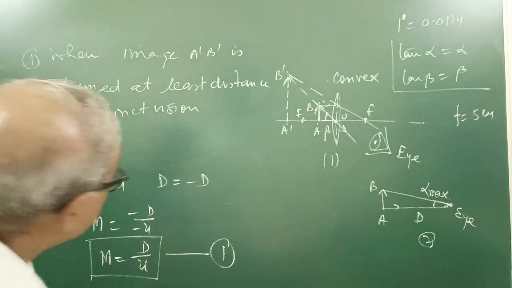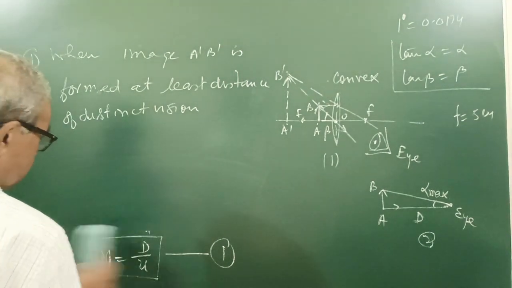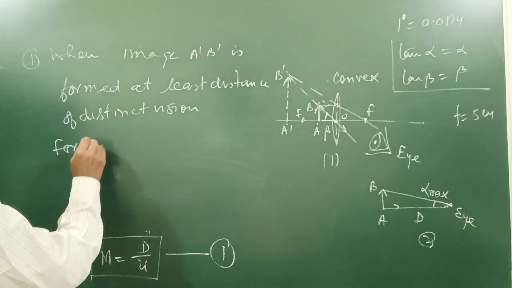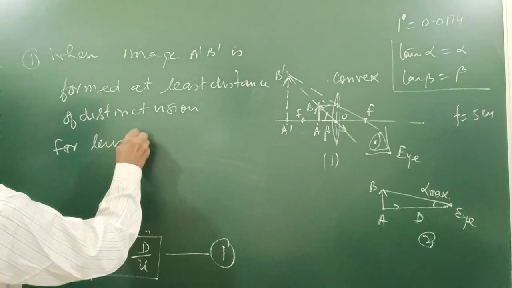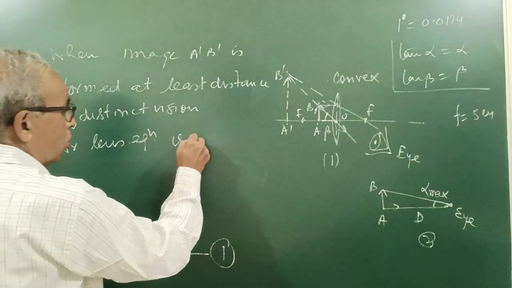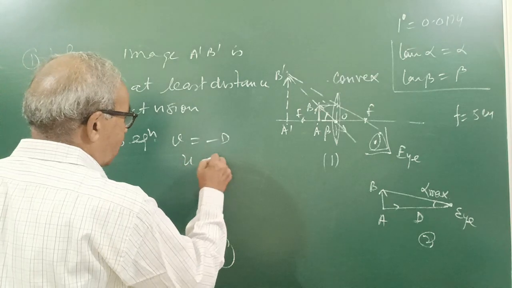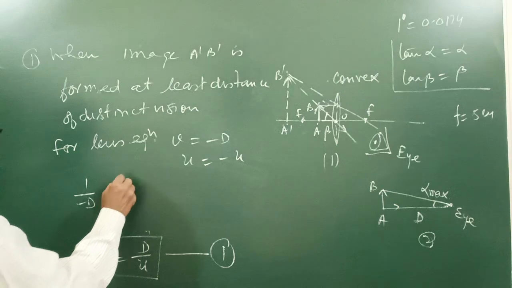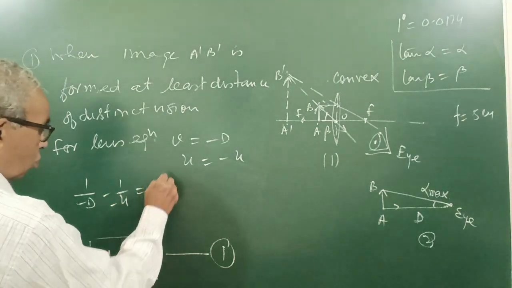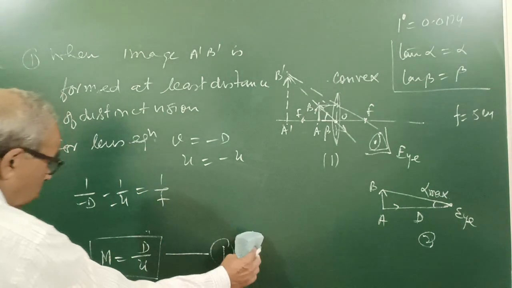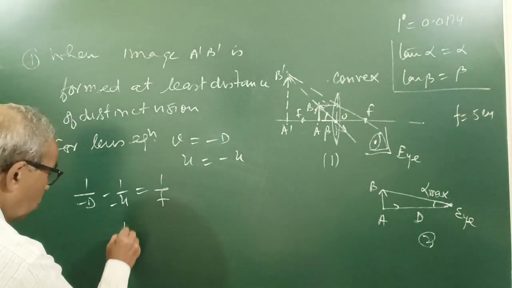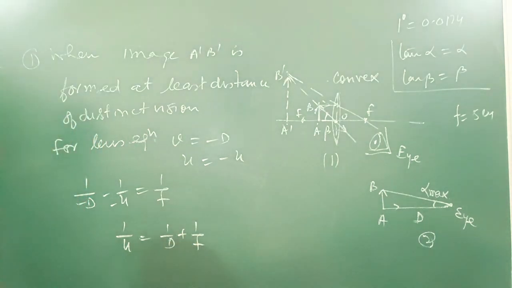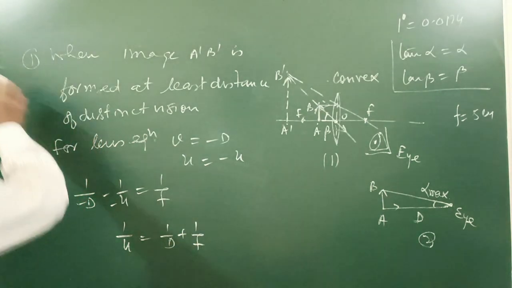Then remember the lens equation, 1 upon V minus 1 upon U equals 1 upon F. V equal to minus D, U equal to minus U. We get 1 upon minus D minus 1 upon U equals 1 upon F. From here, 1 upon U is equal to 1 upon D plus 1 upon F. This is the value of 1 upon U.